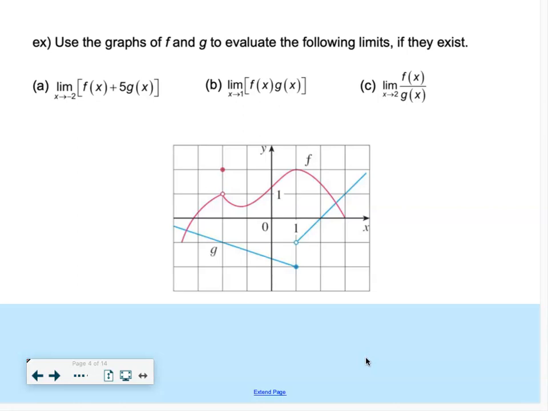Are they working? It's from both sides, but you don't need an actual point. What about the other line? No, that's G. Oh, the limit, yeah. Part A is the limit as x approaches -2.